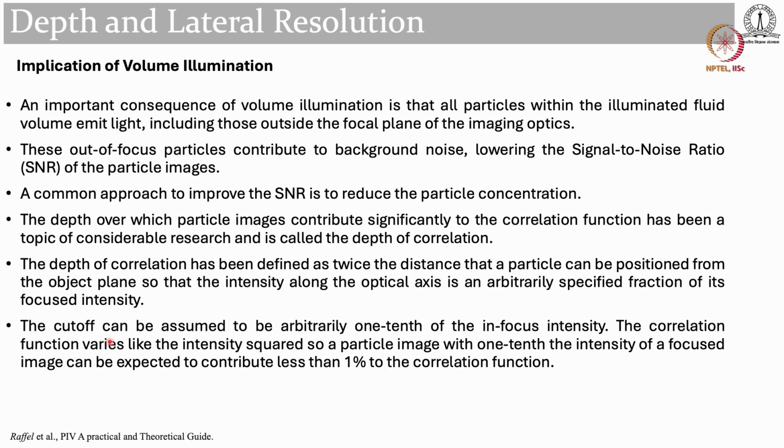Because there is an intensity squared relation, and since you are thresholding it at 1/10, it will contribute less than 1% to the correlation function, and this is something which we don't want. So we can safely neglect it, and this will reduce the noise in the image and enhance the signal to noise ratio.